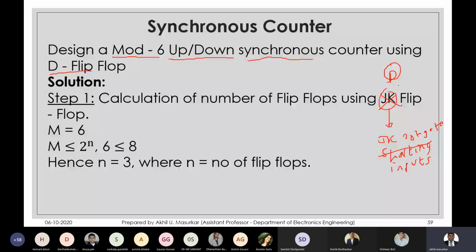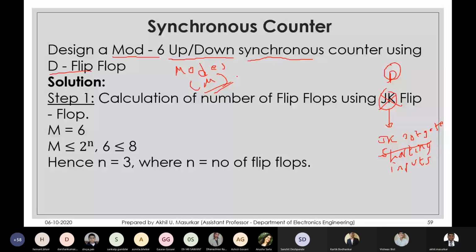But now we want to count up as well as down. Please copy the question: design a mod 6 up down counter. Up and down are modes of operation, up counting or down counting. So we will define one more input, that is m.